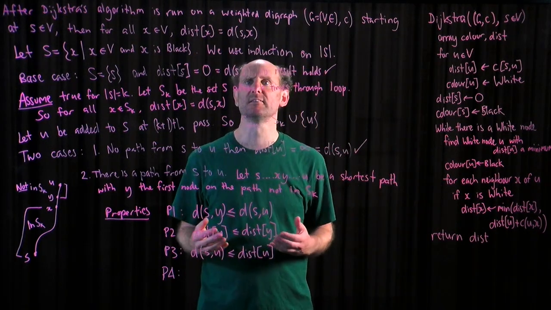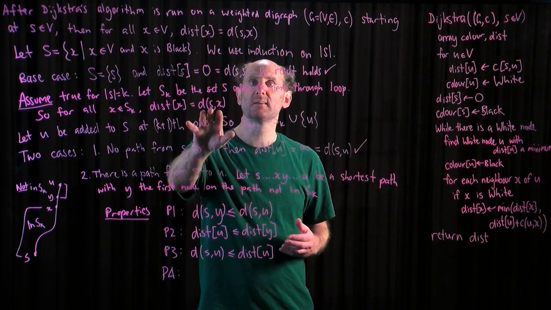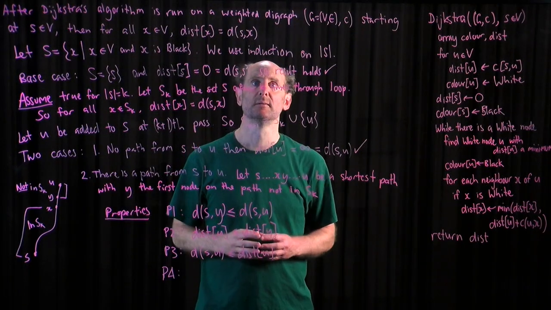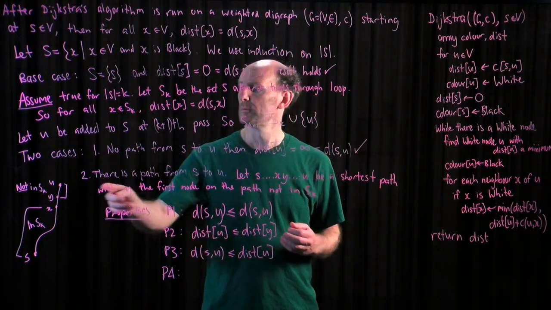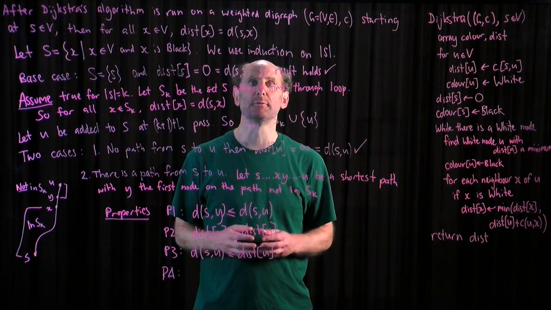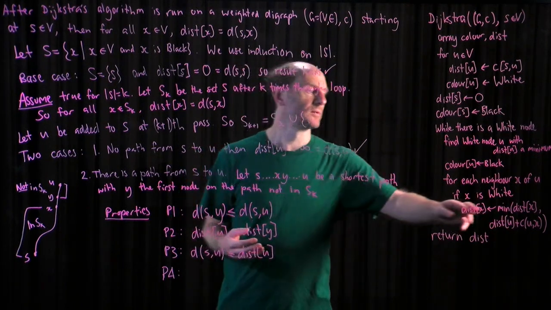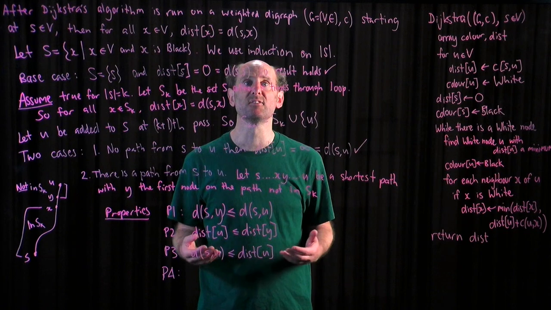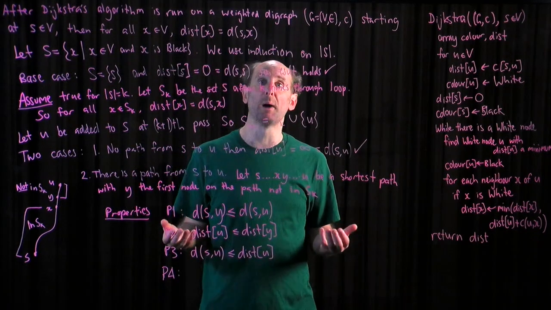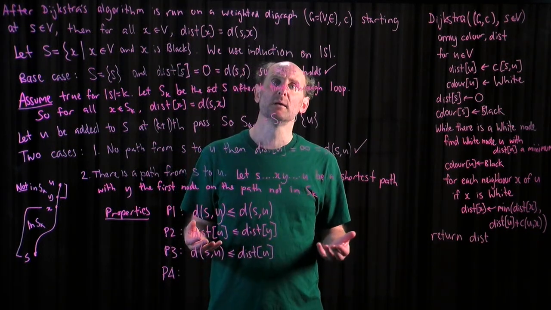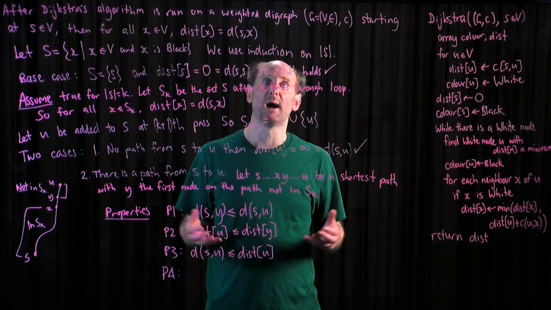So by the induction hypothesis, since X is in SK, the distance from S to X is just dist X. Now when X was added to S, dist Y would have been updated at this step because it is an arc from X to Y. And it would have been updated to dist X plus the cost of going from X to Y. But this is just equal to the distance from S to Y, since S to Y is a minimal path to Y. Therefore we have that dist Y is equal to the distance from S to Y. And that comes from the fact that this is a minimal path.